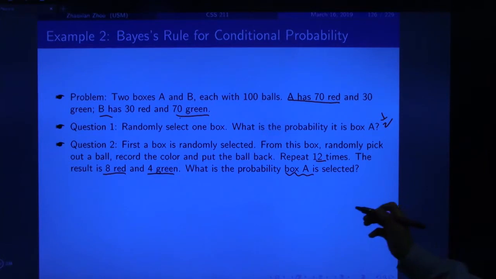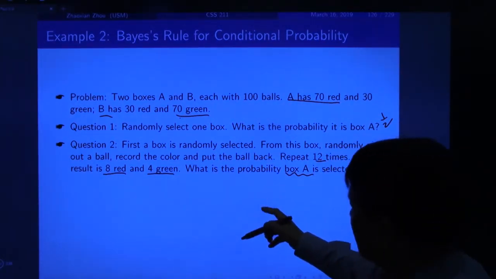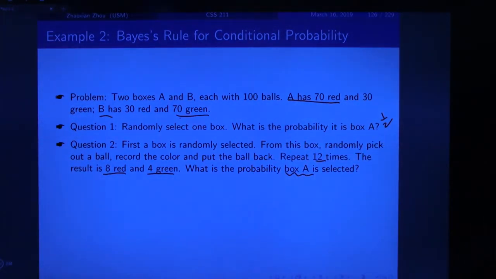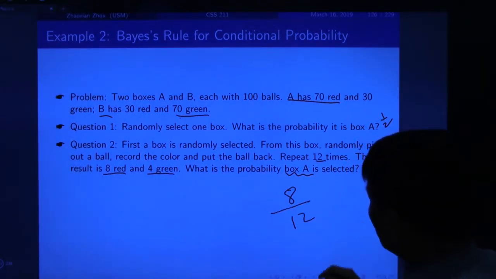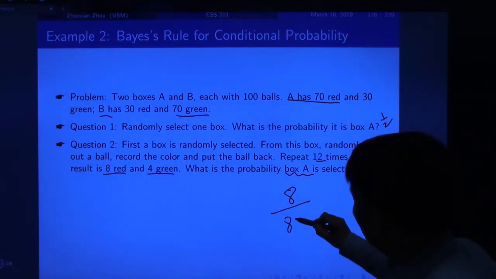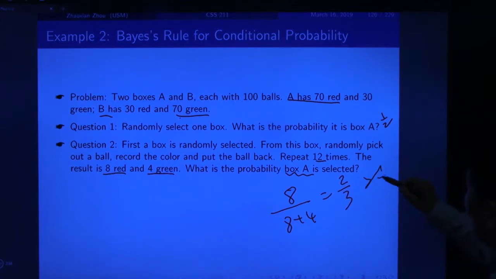Or you may say, now we have 12 balls, and A has more red and the result has more red, so maybe it's more likely that it is box A. So maybe we can use 8 divided by the total. The total is 8 plus 4, so that equals 2/3. So that is a little bit larger than half.